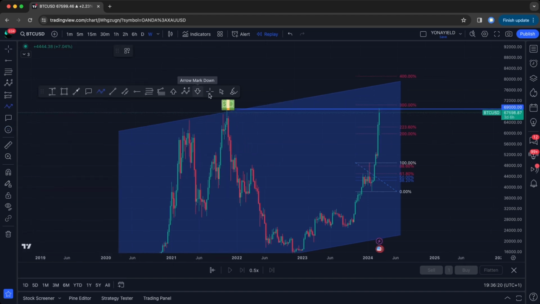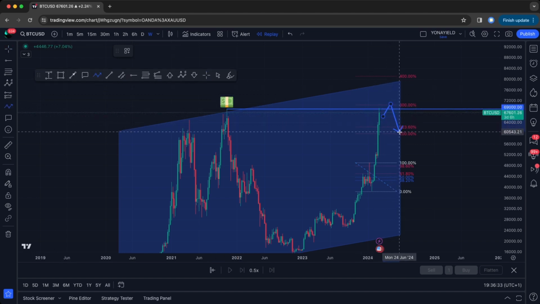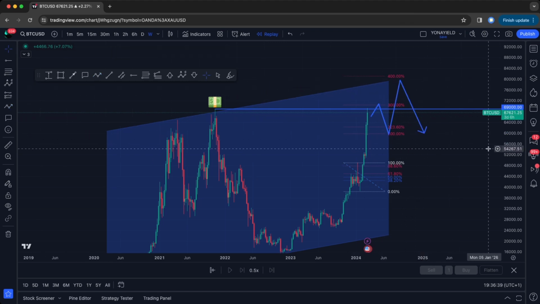And here I'm expecting a move up here, then a deeper correction a little bit, then another pull up here, and then finally down, something like that, right?